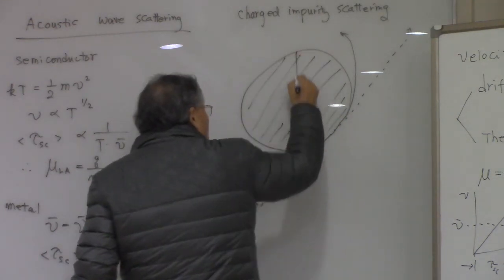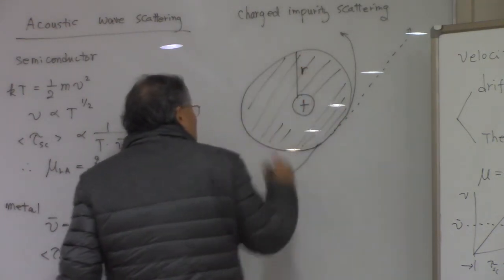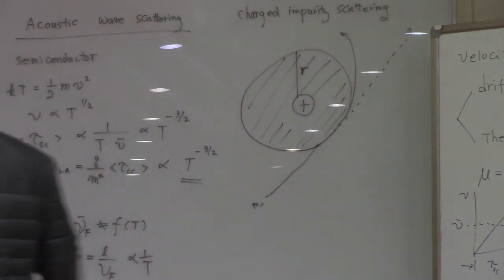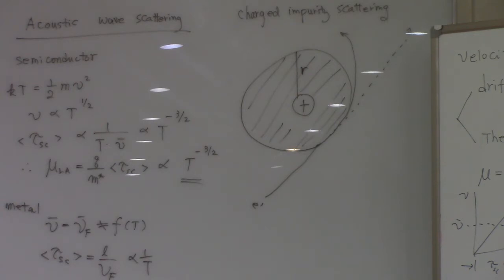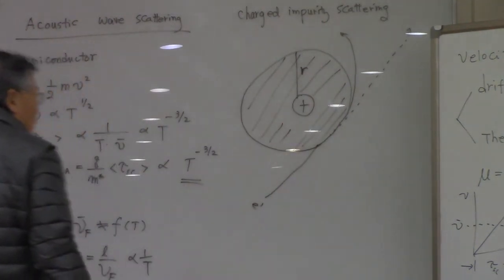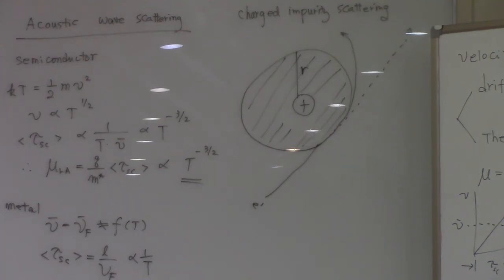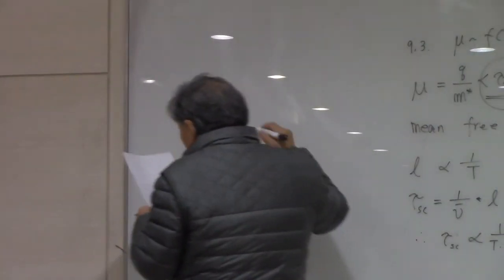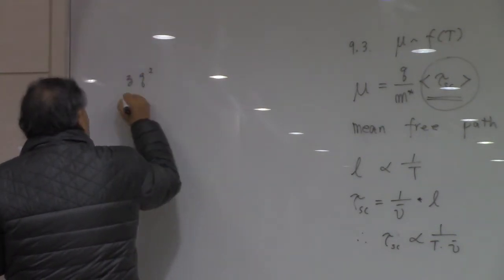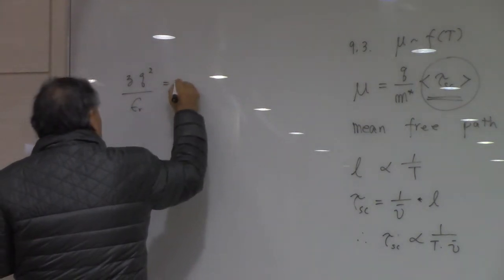So we want to calculate the radius r so that we have a cross section for the charged impurity scattering, and then we want to relate that with the temperature, how this cross section is going to change with the temperature. All right? So the critical radius here, the R sub C, it can be obtained from z q square over dielectric constant r equals kT.